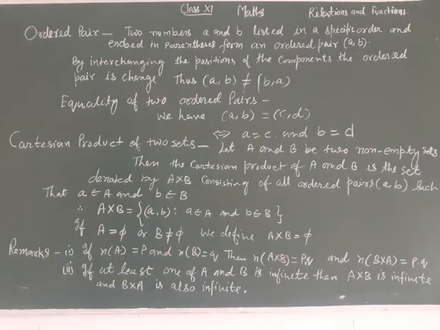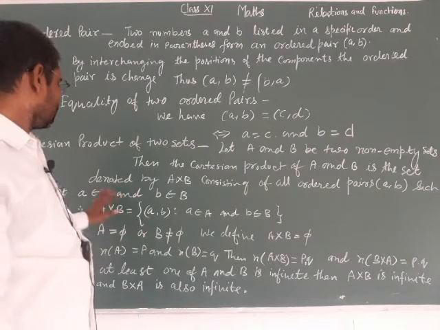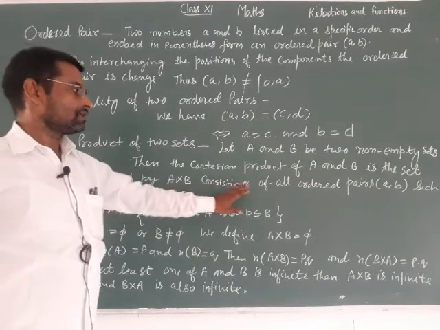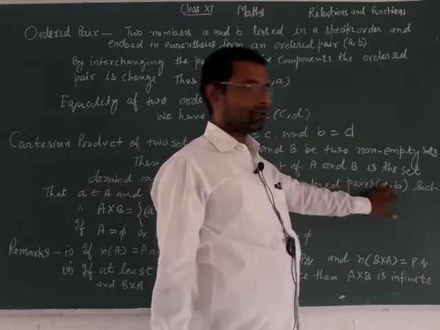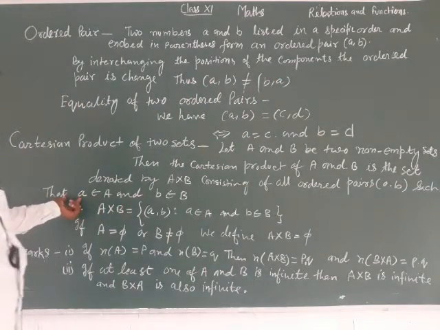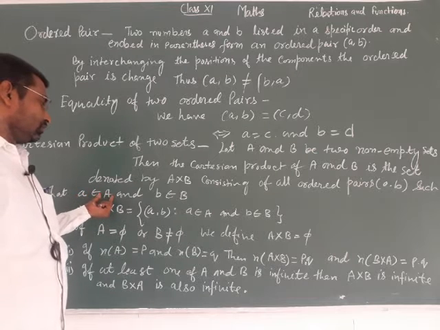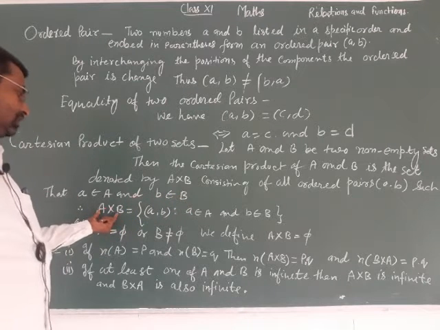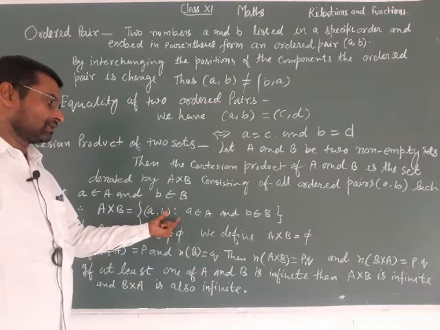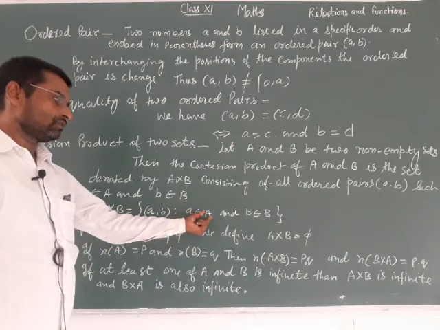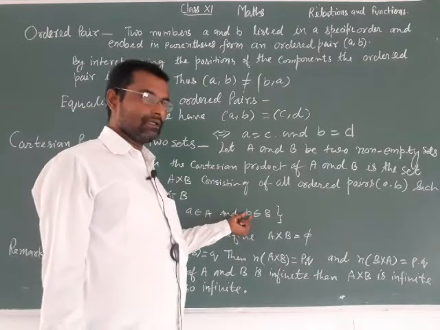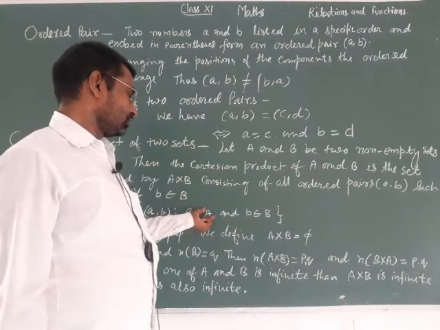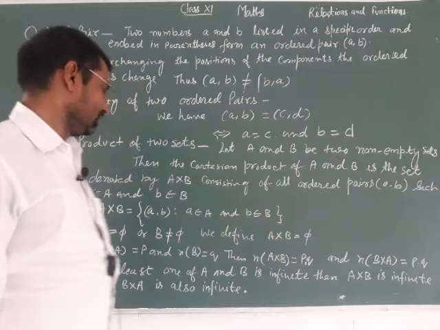Then the Cartesian product of A and B is the set denoted by A cross B, of all ordered pairs (a, b) such that a belongs to set A and b belongs to set B. So A cross B is the set of (a, b) such that the first component belongs to A and the second component belongs to B.